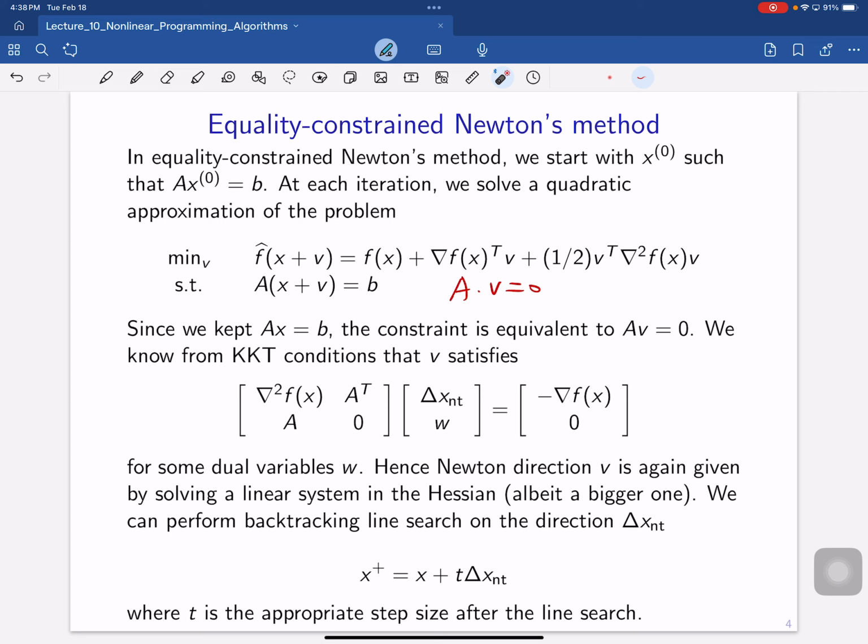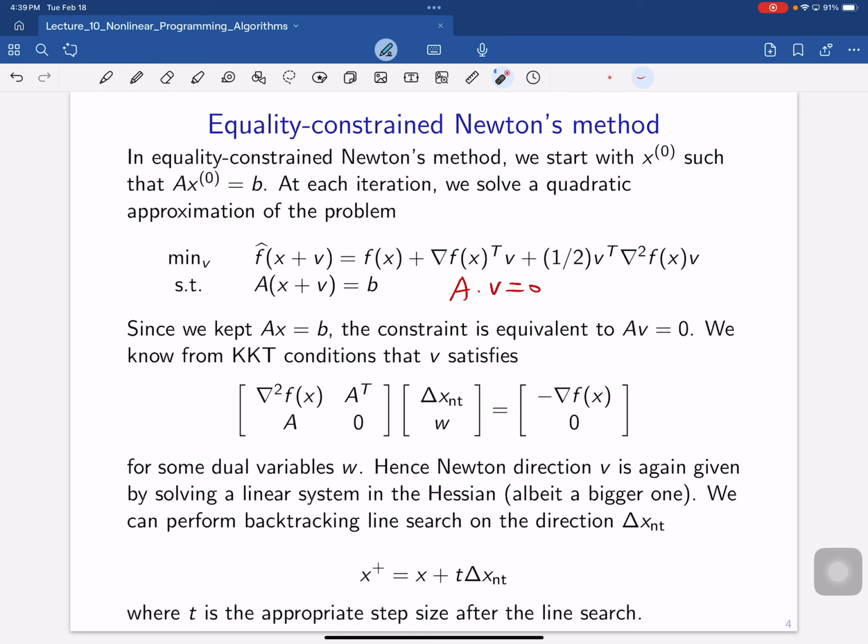It's not the original Hessian, but an expanded Hessian that takes into account your linear equality constraints, right? And similarly, you can do things like backtracking line search using the Newton direction, as we talked about in the unconstrained optimization lecture.